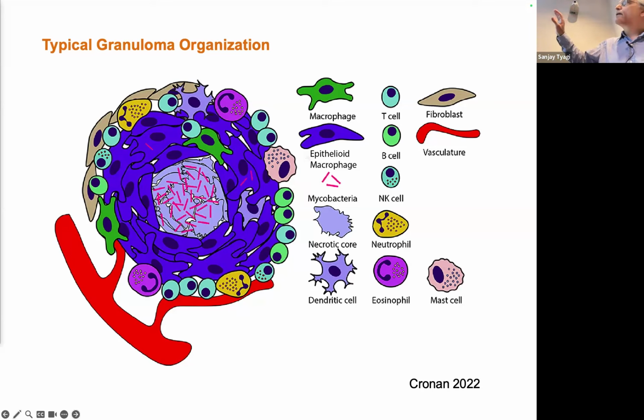So diagrammatically, the picture shows that the macrophages are connected tightly to each other. Because of this tight organization, many things happen. For example, vascularization of that area of the tissue becomes poor.